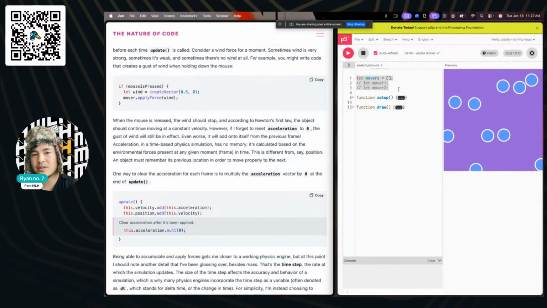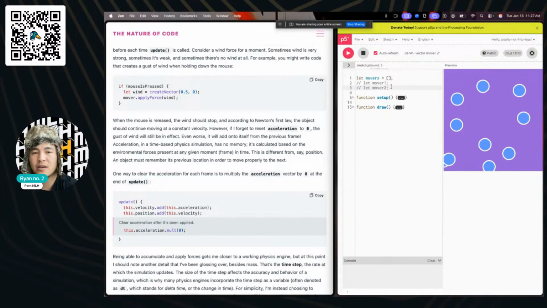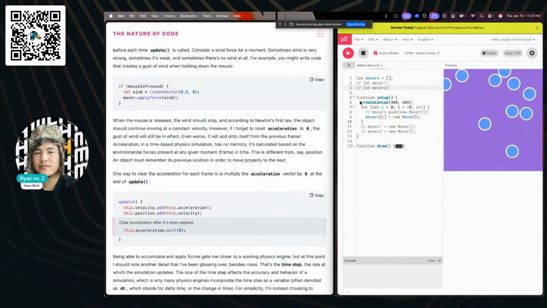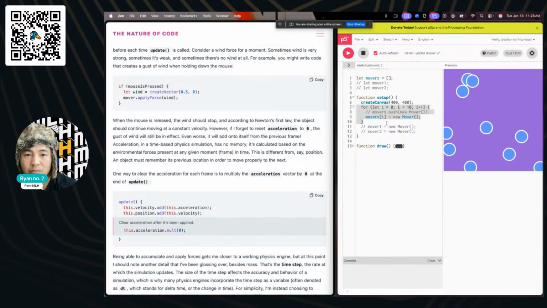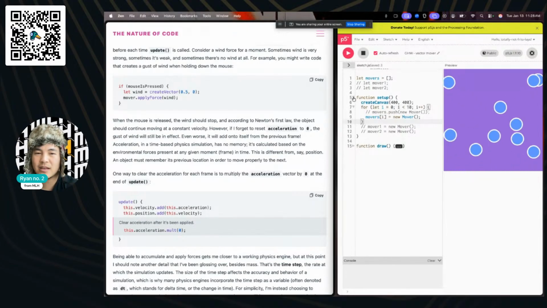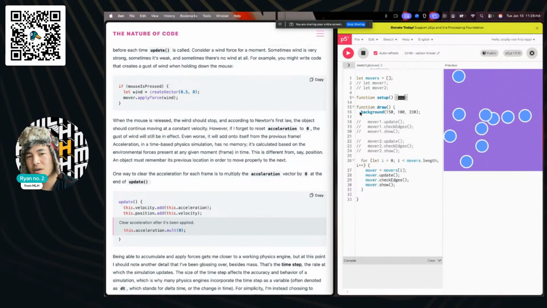First thing that we did was create an array of movers because we wanted to have a whole bunch of them. Then we created our canvas, and then we initialized our movers array with a whole bunch of other movers. And if we wanted to make the movers move, we would need to do that under the draw.